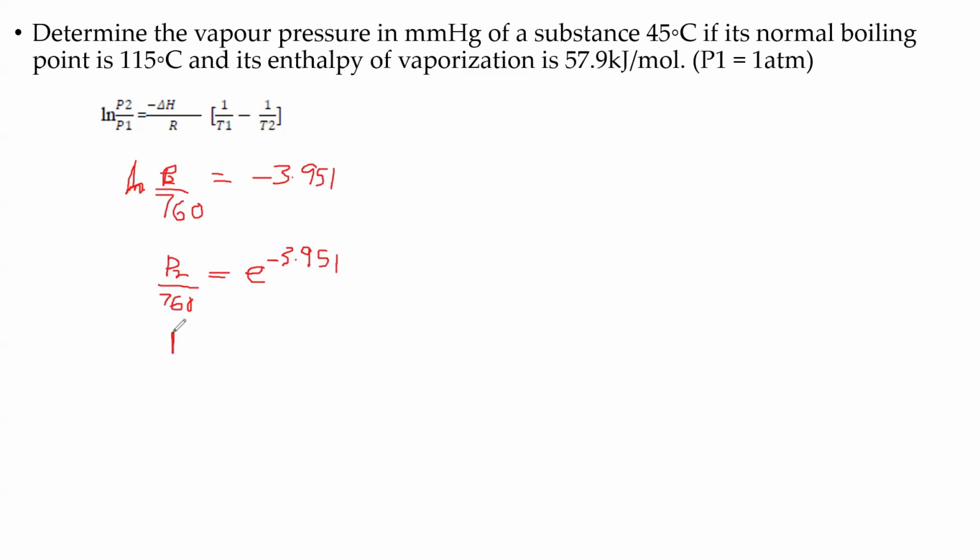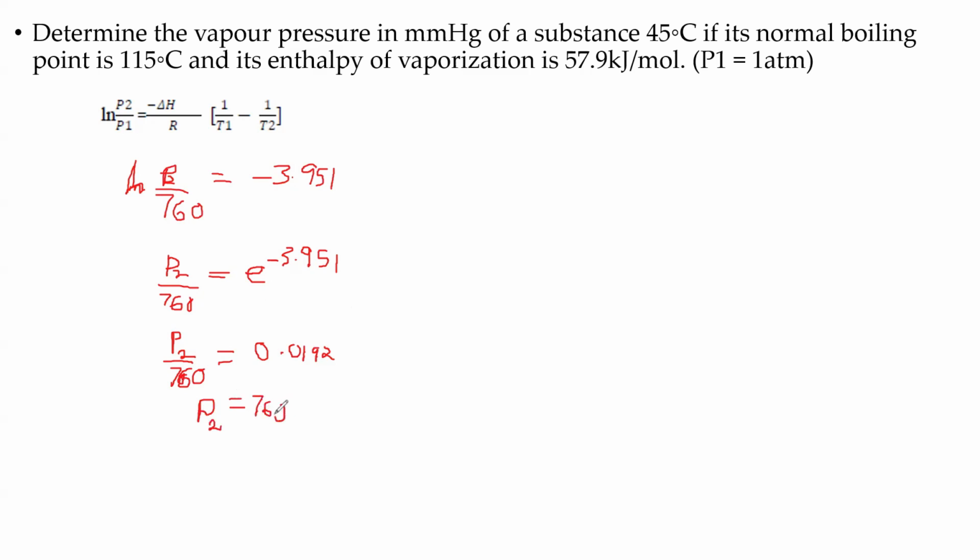So we now have P2 all over 760 equal to the exponential of minus 3.951, which is the same thing as 0.0192.